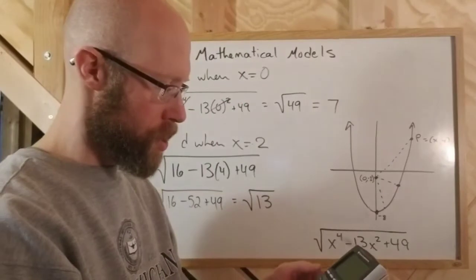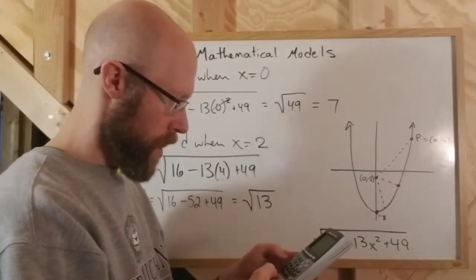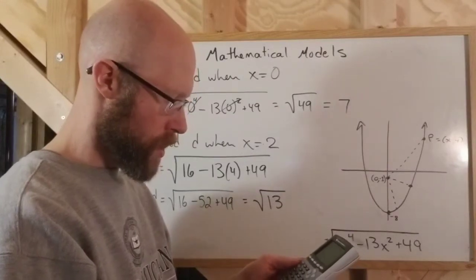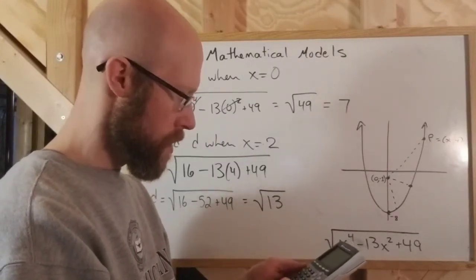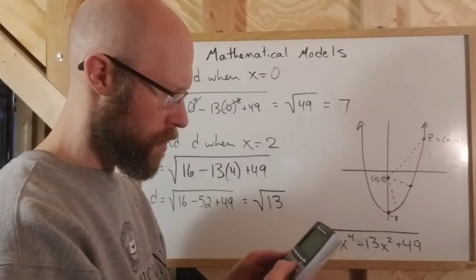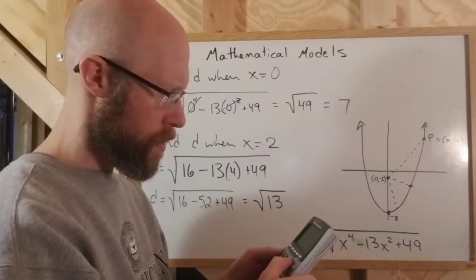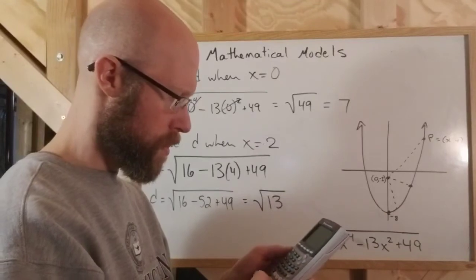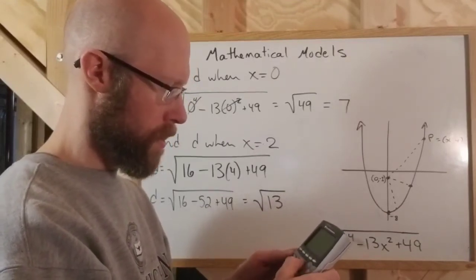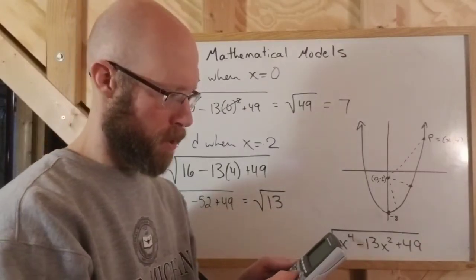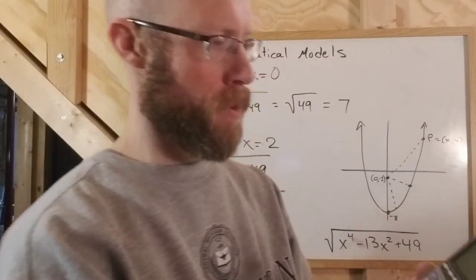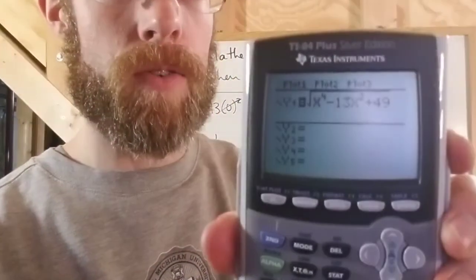I'm just going to plug in square root of x to the 4th minus 13x squared plus 49. Oops. Okay, I made a little mistake in typing that in. Part of it came out of my root. So you want to be careful that the whole thing is under the square root.